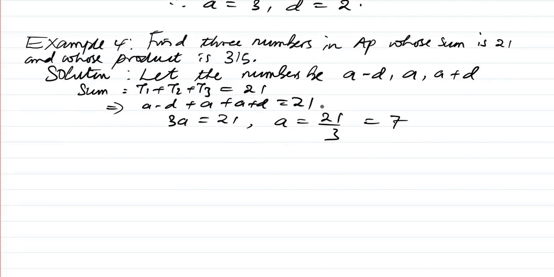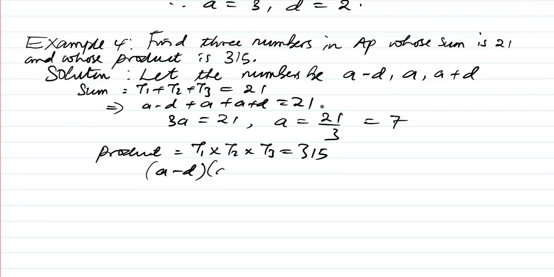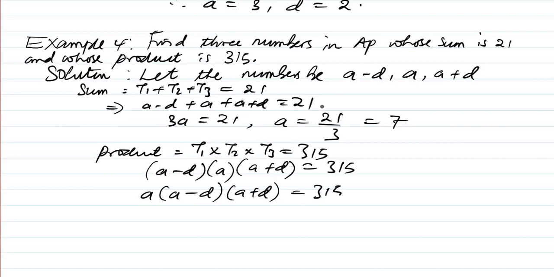But again, we are told that their product, T1 times T2 times T3, will be equal to 315. What it simply means is that A minus D multiplied by A multiplied by A plus D is equal to 315. This will be A bracket A minus D into A plus D is equal to 315.